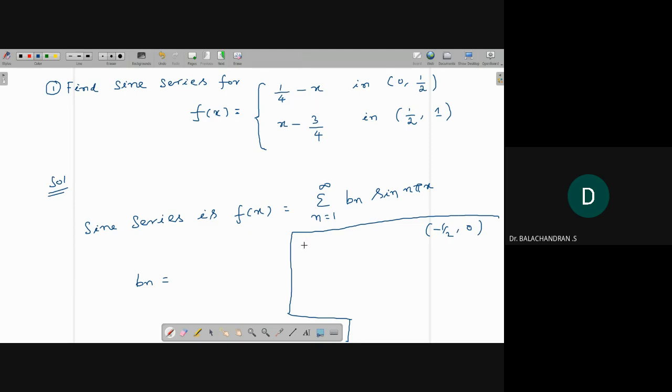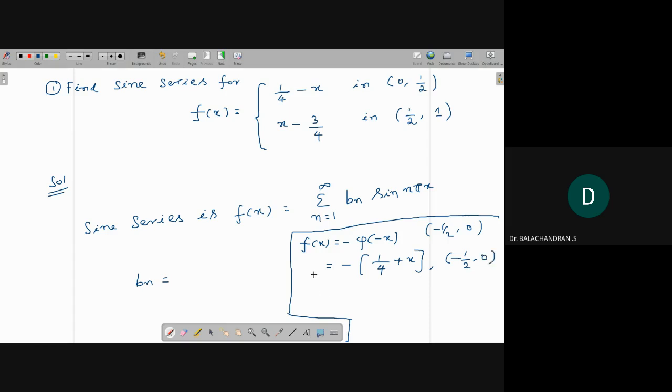That is f of x is equal to minus of f of minus x, which is equal to minus of 1 by 4 minus of minus x, that is 1 by 4 plus x. Is it correct? Yes, sir. Okay. So in this interval minus half comma 0.